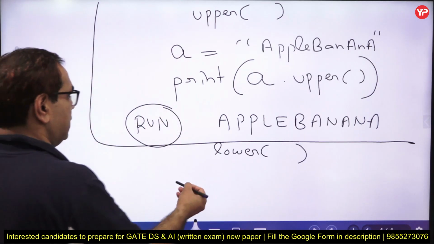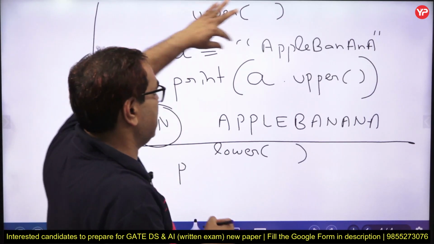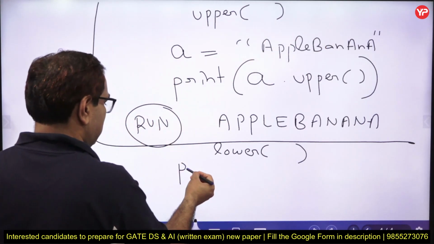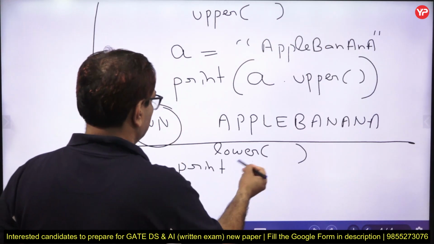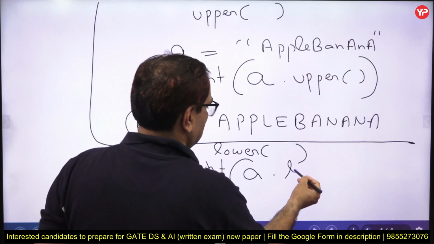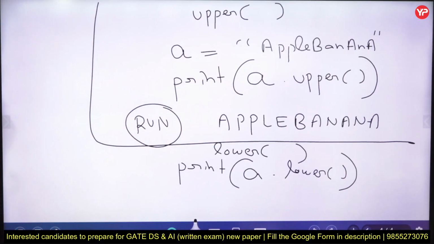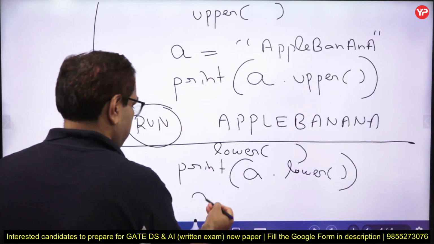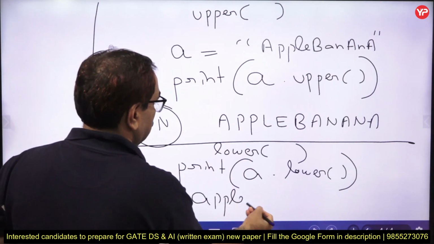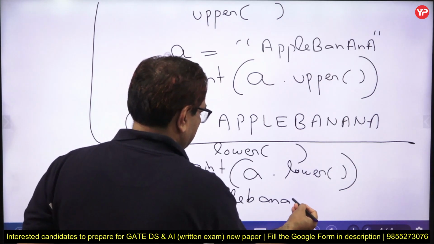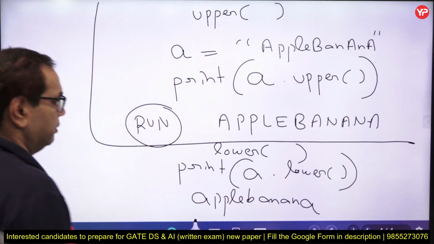We can use this here also. Suppose I write a equal to this, and then I print a dot lower. This will give us all small letters, so apple banana will be printed in lowercase.